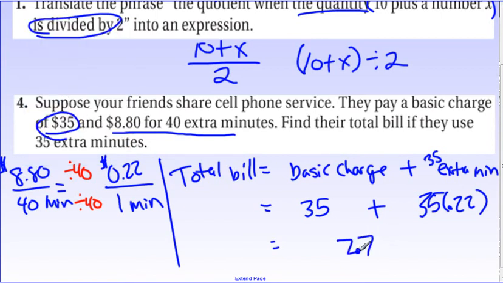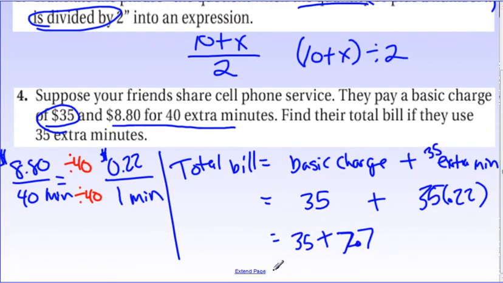That's 7, not a 2. 7.7 plus the 35 gives us our total. And we add those things together, and we are going to get $42.70.